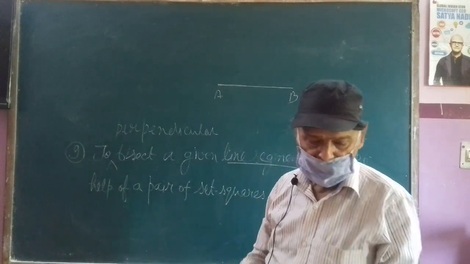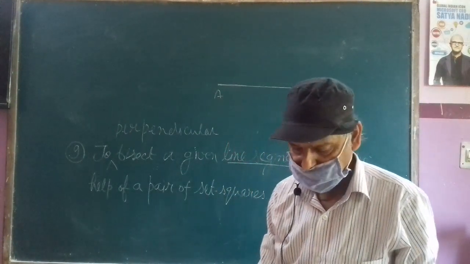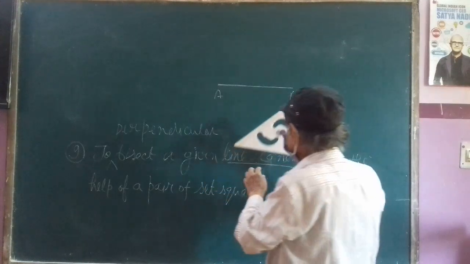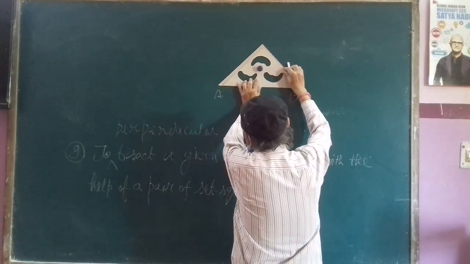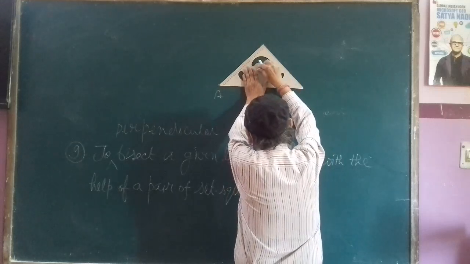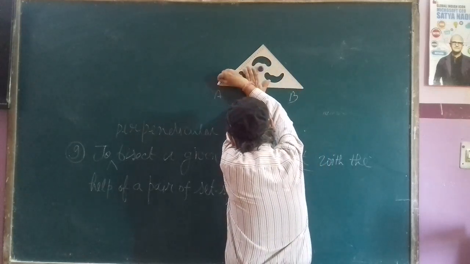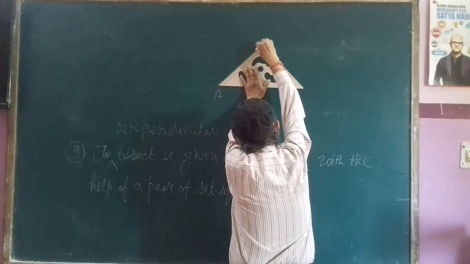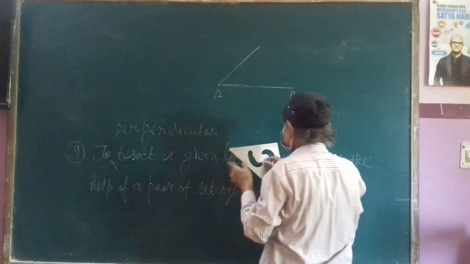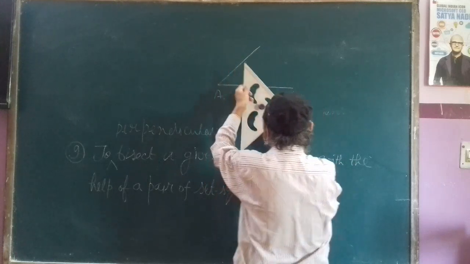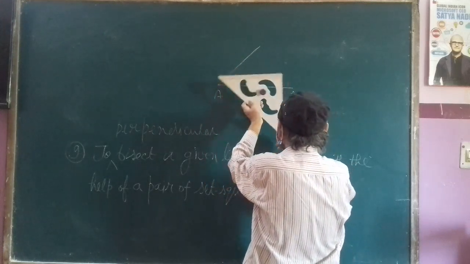I am making an angle of 45 degree here in the upward direction. You have to hold it tight. Yes, now it is okay. Now again 45 degree. How will you hold it?